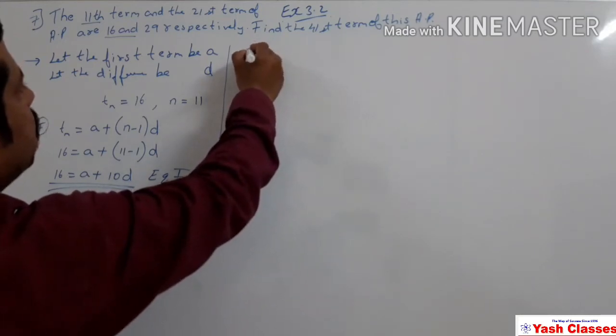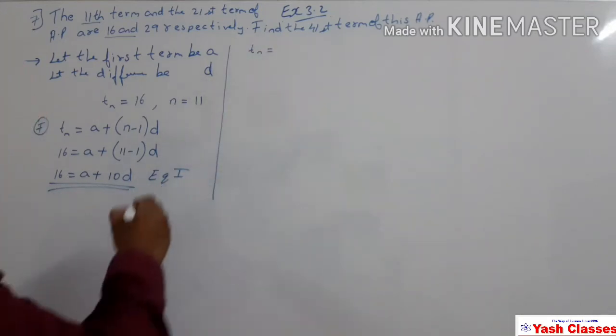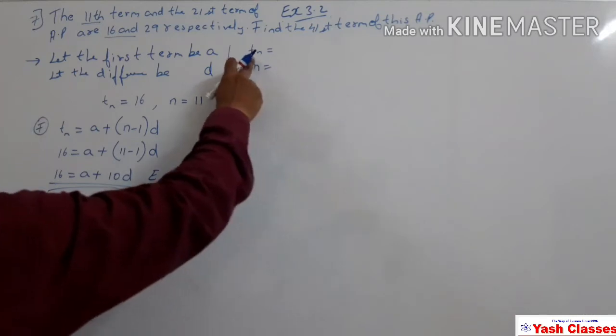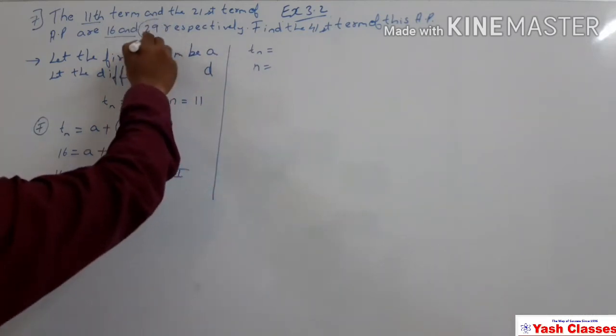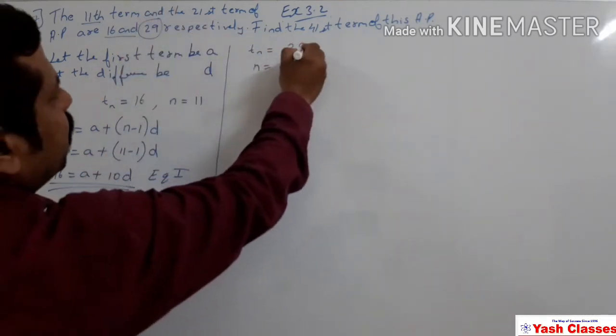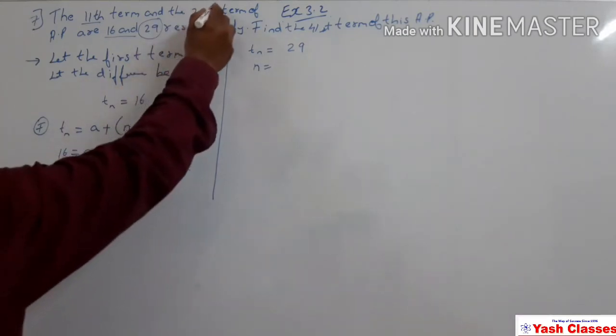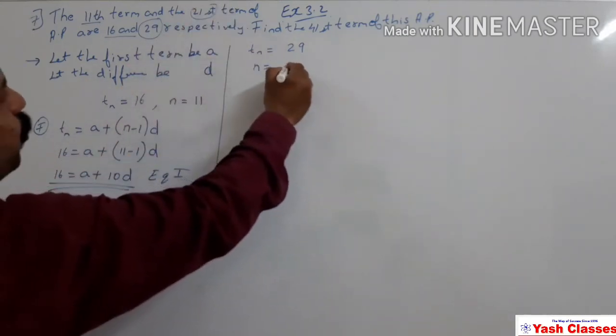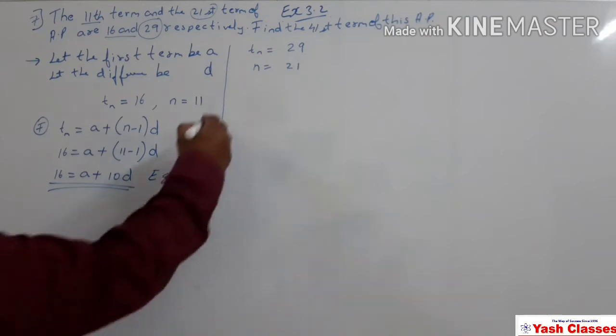Now here Tn is 29. We are talking about here 29. Tn is 29 and n will be 21. Same formula.